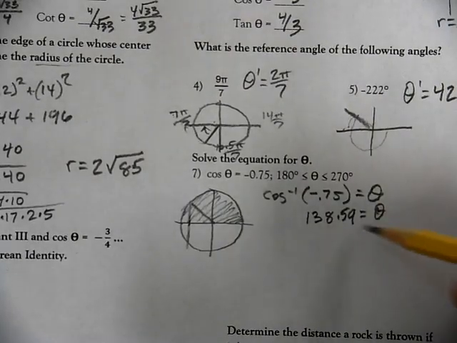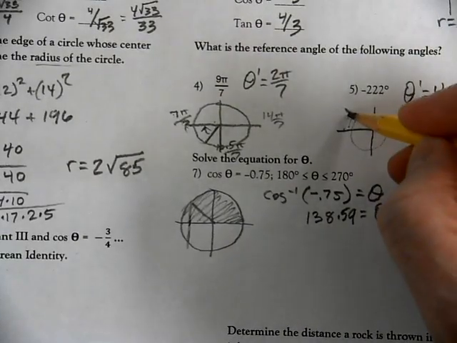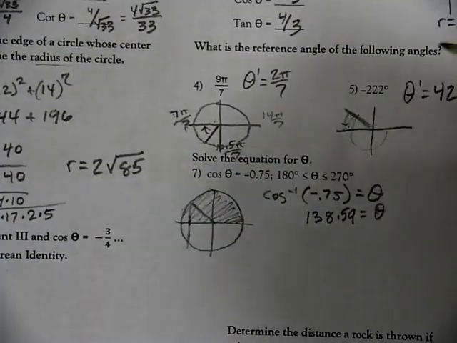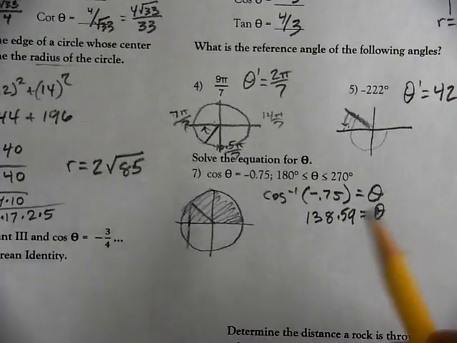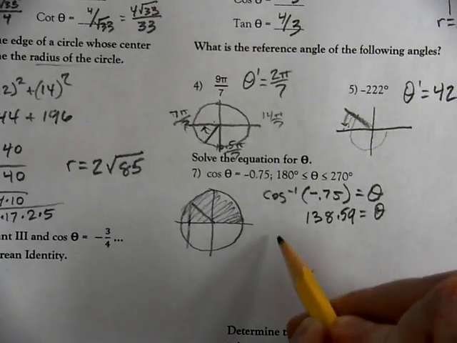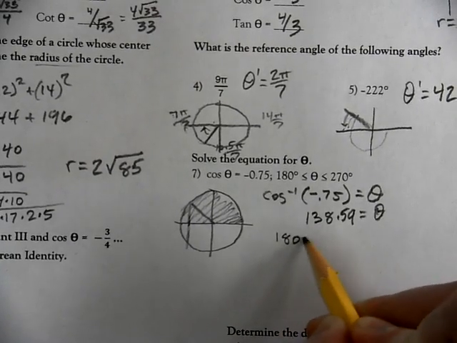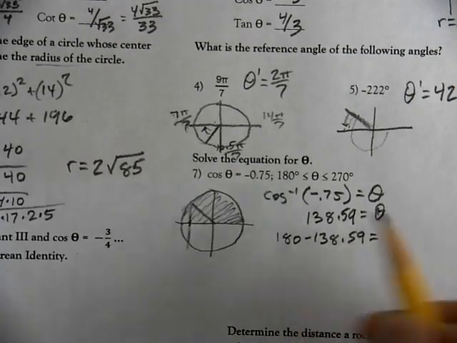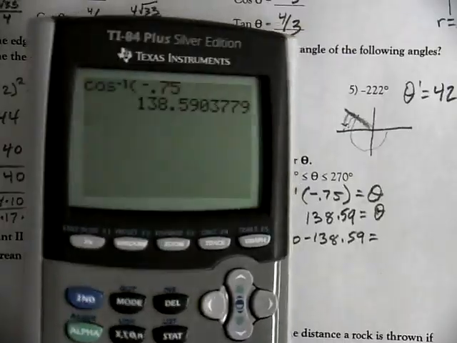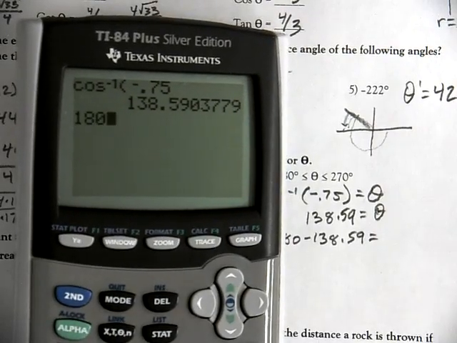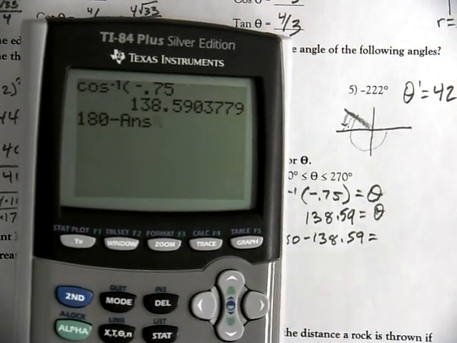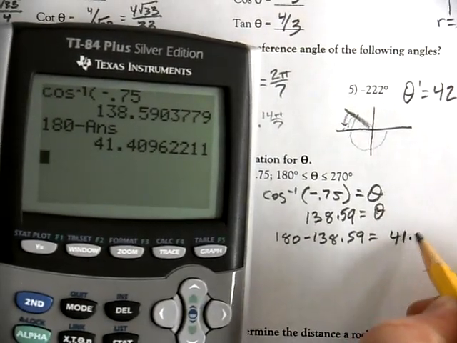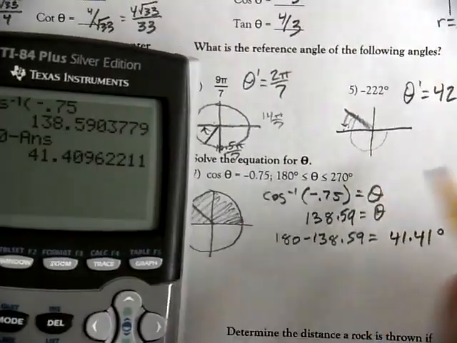So if that's 138.59, this reference angle, the amount that it takes to get to 180, we would subtract that angle away, and that's going to be 41.41.